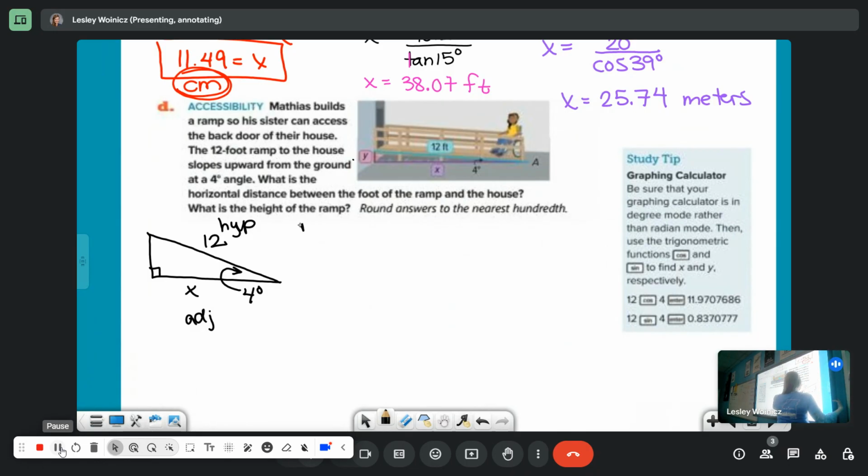So I'm going to do the cosine of 4 degrees equals the adjacent x over the hypotenuse 12. So how do I find x? I'm going to multiply both sides by 12, so it'll be 12 cosine of 4. Here, let me just rewrite that so it's not gross. x equals 12 cosine of 4 degrees.